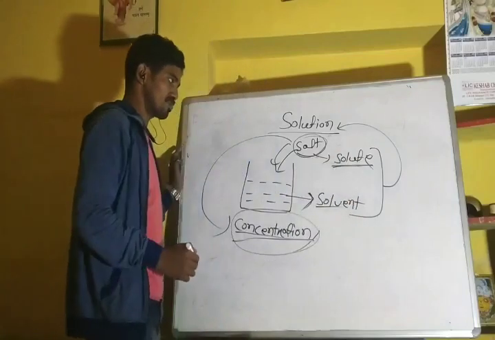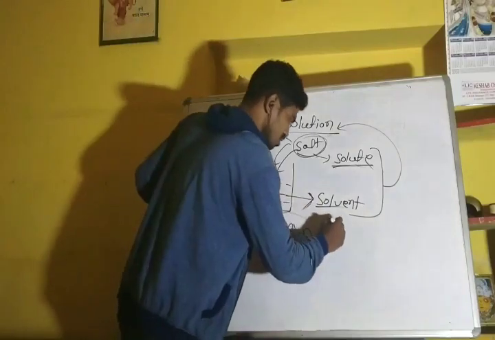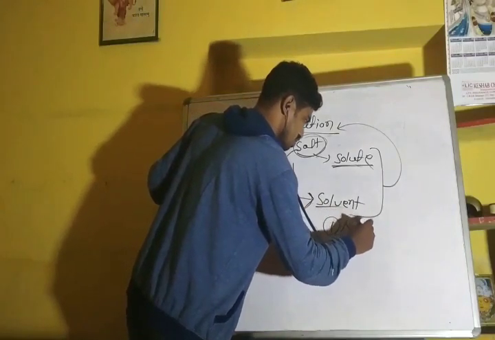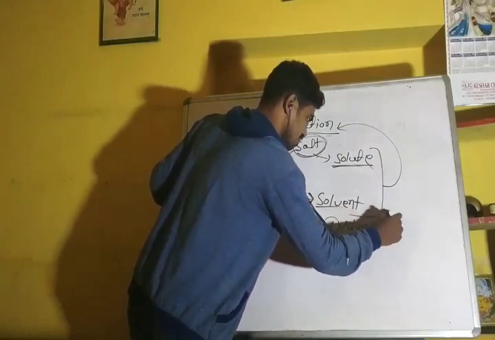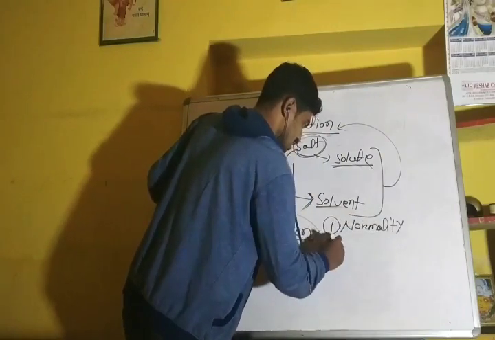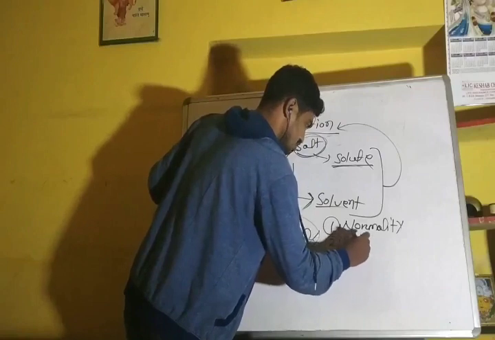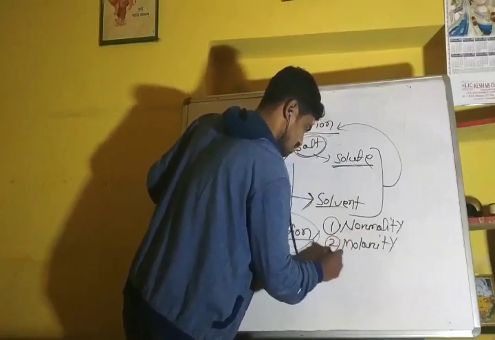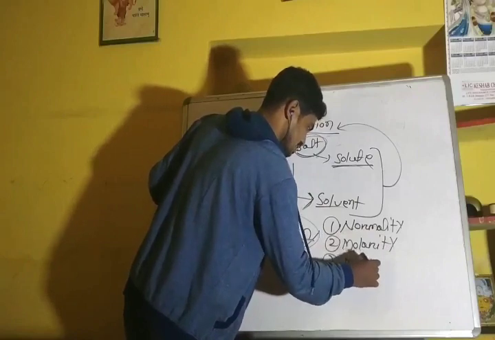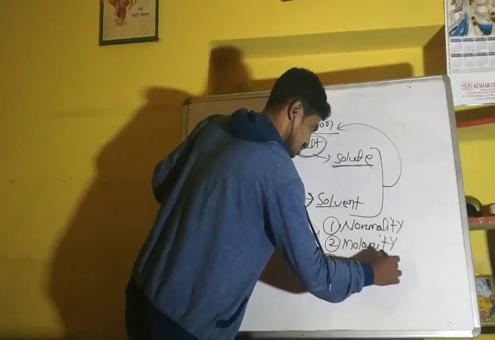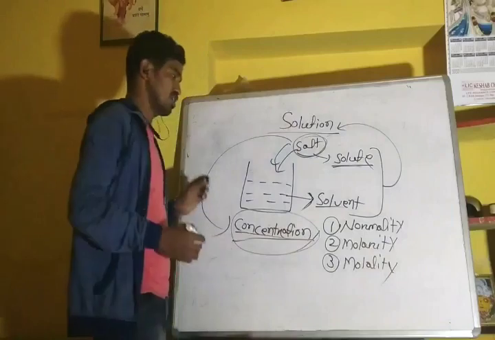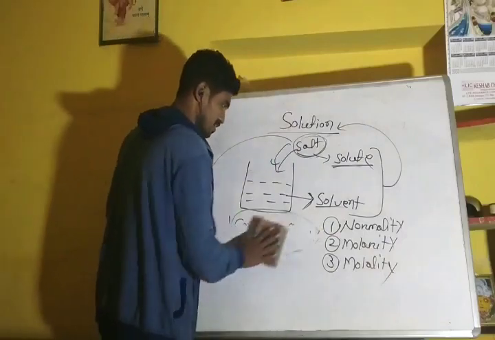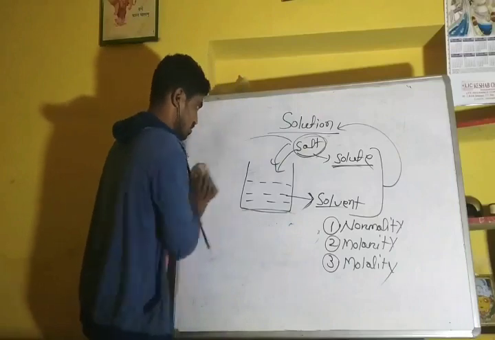So we have to know three things: what is the normality of the solution, what is the molarity of the solution, and what is the molality of the solution. We will discuss that particular topic.